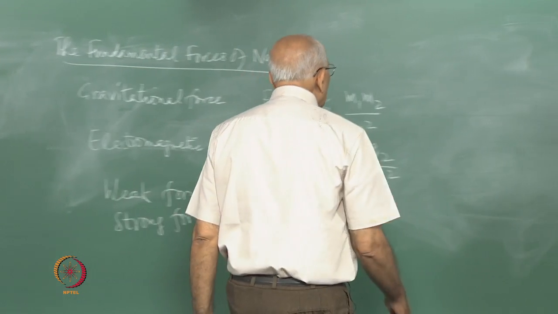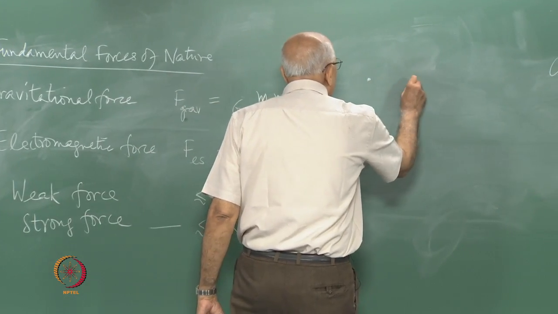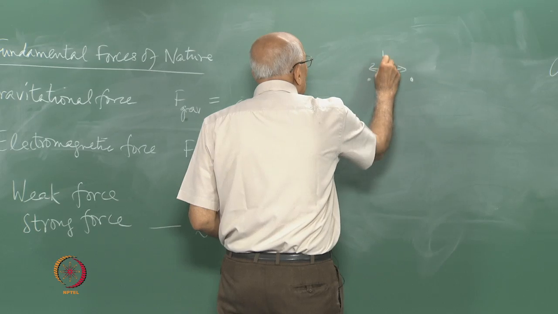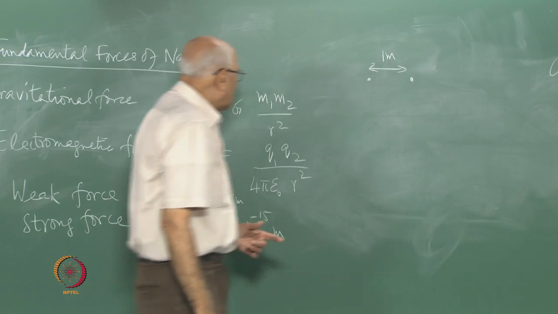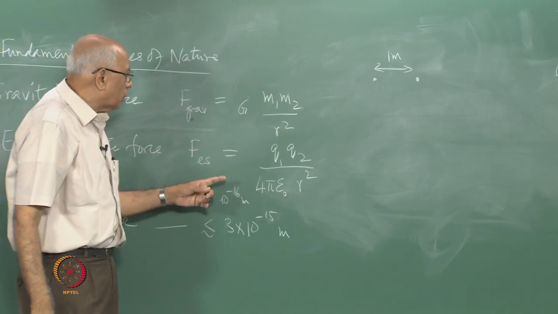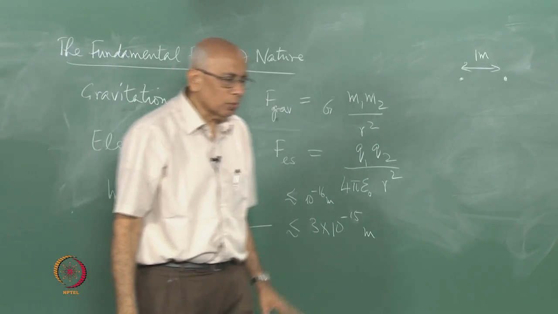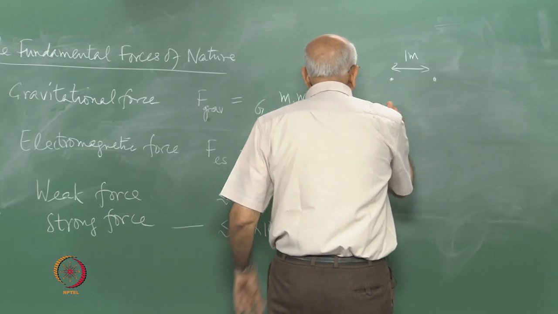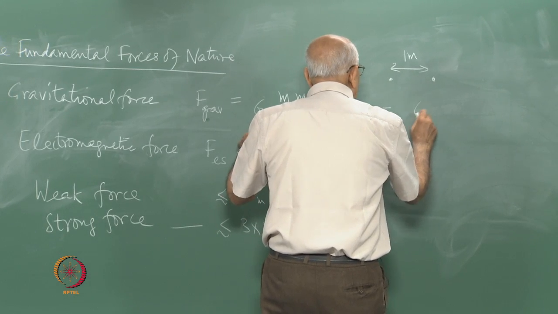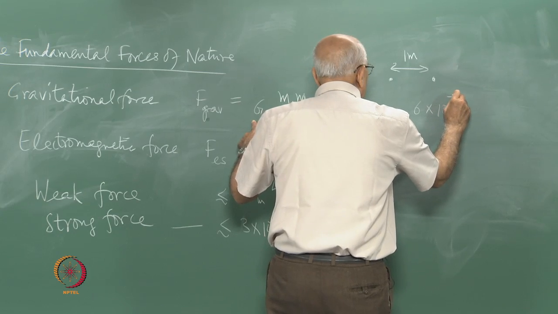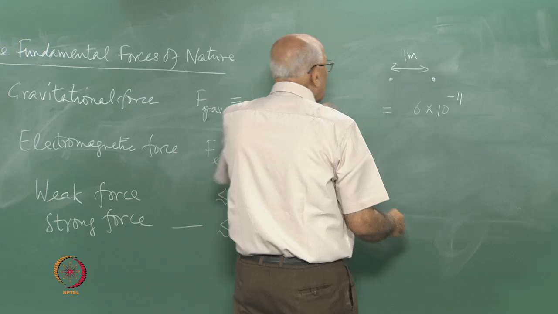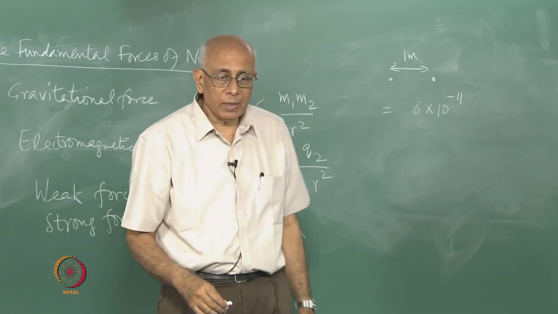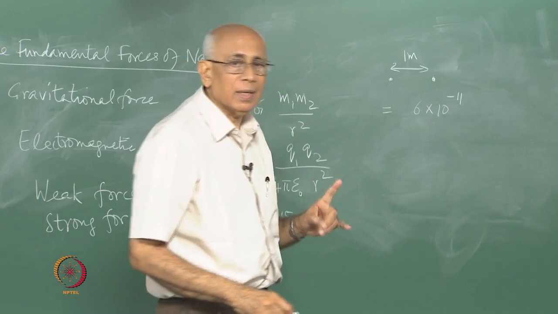So let us take two protons. Here is a proton and here is another proton, and the distance between them is 1 meter. And I ask, what is the gravitational force and what is the electrostatic force between these two protons at this distance? Well, this force here is of the order of G, which is 6 times 10 to the power minus 11, as I said, and then there are two protons and each proton has a mass of the order of 10 to the minus 27 kilograms.